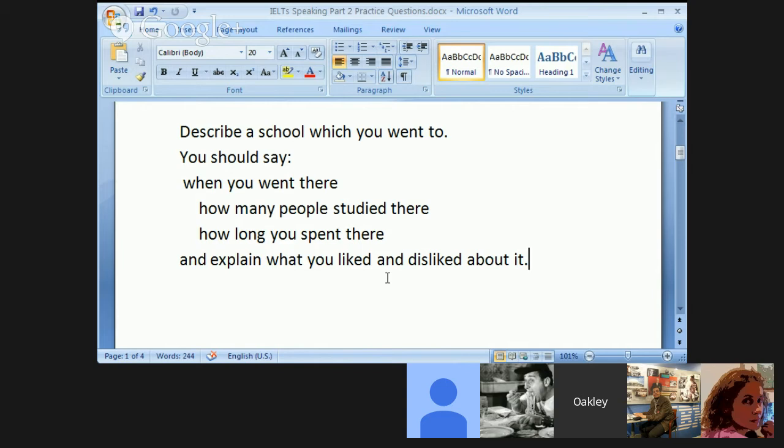That does not mean that you can't use names. If it's a person's name, don't worry about it. If they're asking you to talk about a person, the person's name is, of course, in your native language. It's okay.